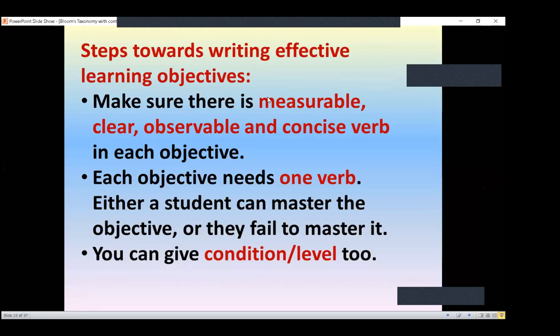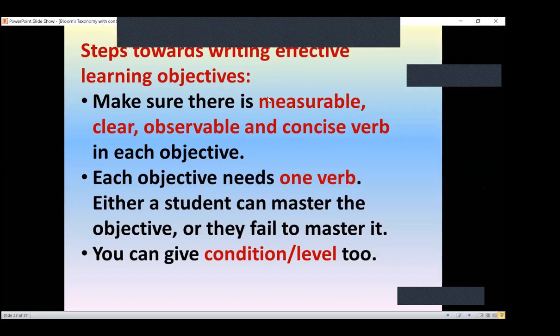Otherwise, if you say that the student will think of innovative ideas, you cannot measure thinking. But if you say that the student constructs a model, then definitely you can measure that verb. Construct is observable.